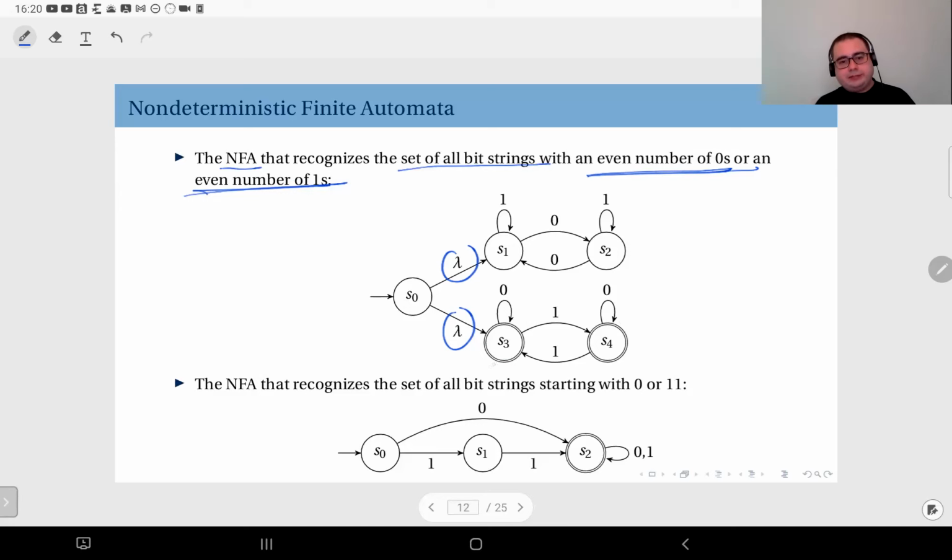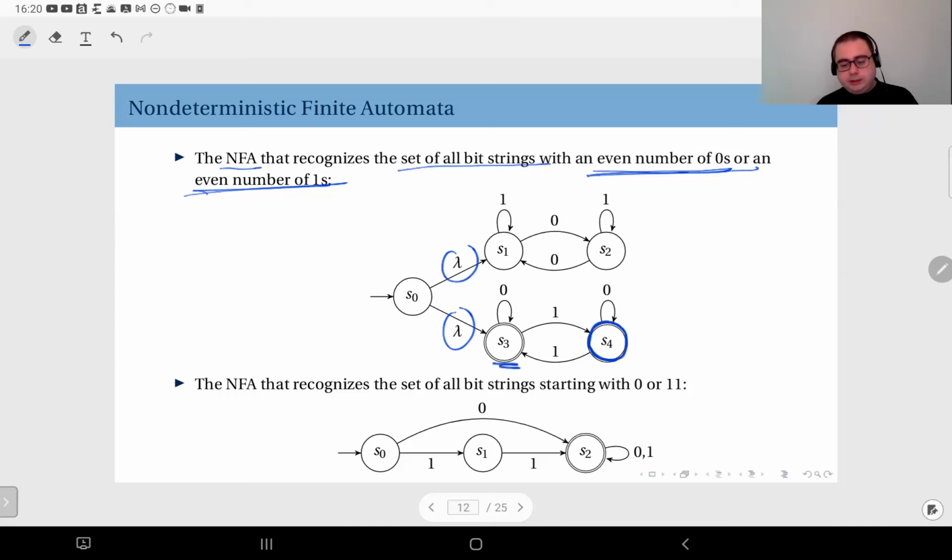So S3 acts as the initial state for counting the number of ones. Since I need an even number, S3 is accepting, because if you have zero ones, it should be accepted.